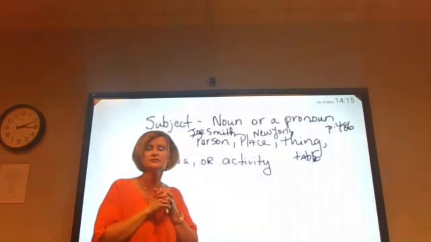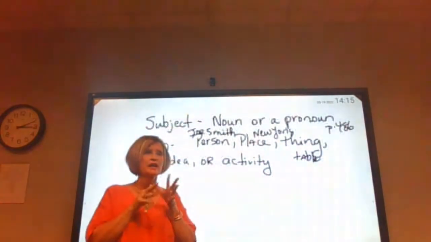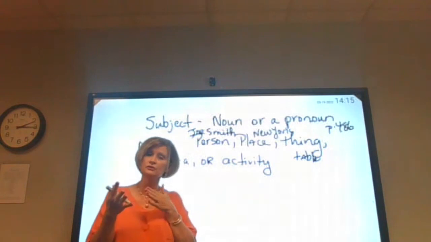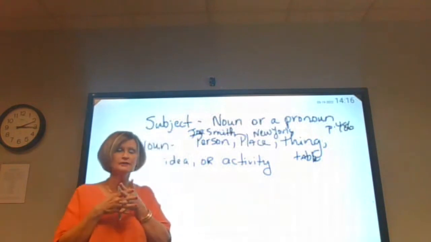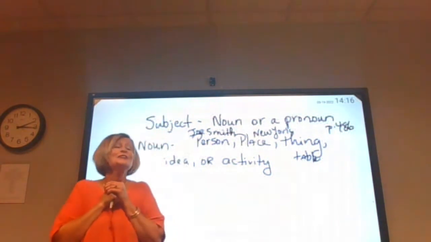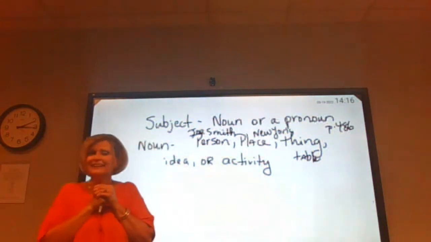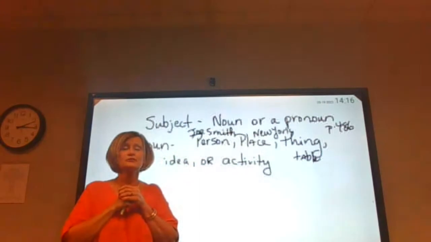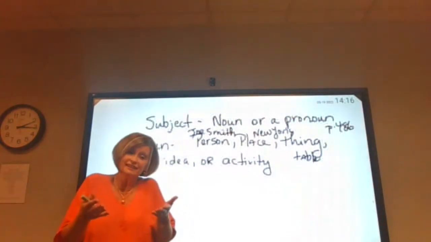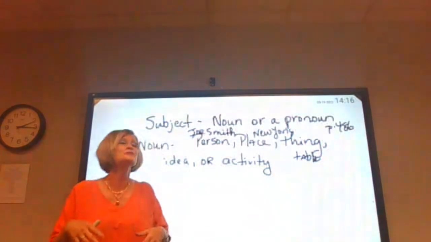Idea, ideas are very abstract, and if you think about a 12-year-old who might come home one day and tell his daddy, "Daddy, I am so in love." Well, daddy's going to look at the 12-year-old like, "You've lost your mind." But the 12-year-old has an idea of this thing called love.